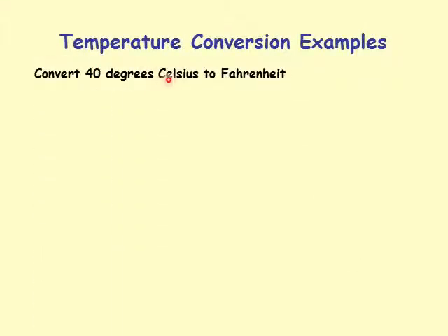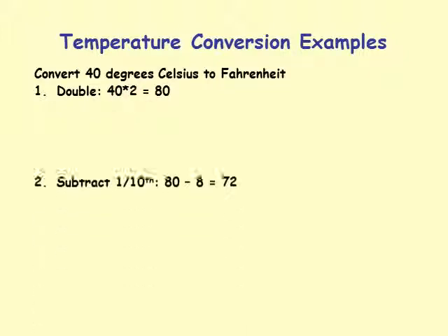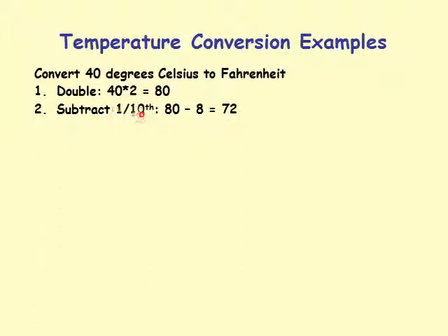Convert 40 degrees Celsius to Fahrenheit. First we'll do a double of 40 times 2. We're going to do 1.8 times, but we're going to do double. 40 times 2 is 80. Now we will subtract a tenth of this double, not a tenth of the original number.